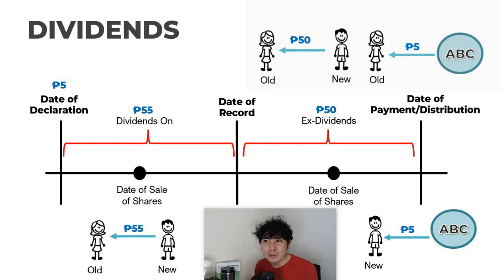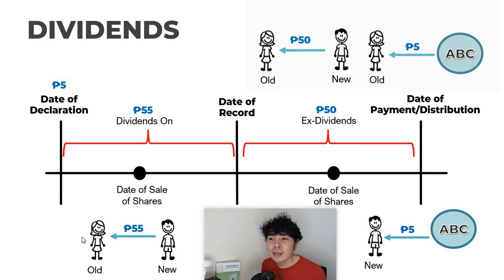So, the question is, why is there a dividend accompanying every stock you buy between the date of declaration and date of record? Because the date of declaration says that whoever the shareholders are on the list as of date of record will be the ones to receive dividends at the date of payment or distribution. Suppose the old shareholder sold her shares between the date of declaration and date of record.